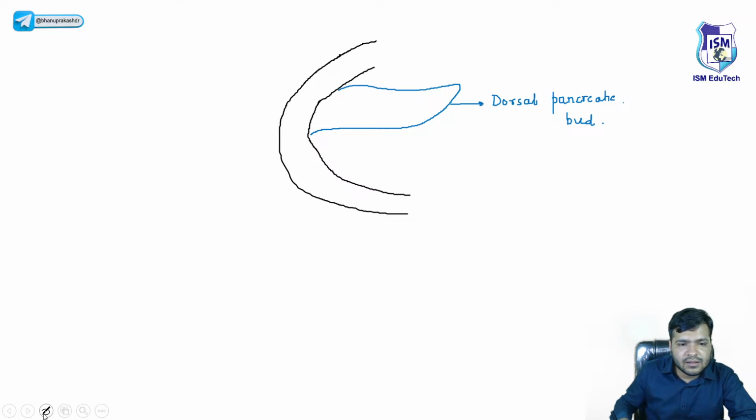And below it we have this. I'll just use a green color for that. So below this we have this ventral pancreatic bud.